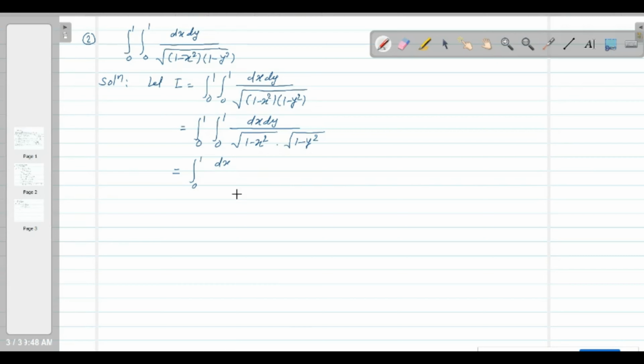Just evaluate this dx and integration of 1 minus x square, then integration of limit 0 to 1 dy and integration of 1 minus y square. Let us evaluate both of them, and the work is done in one go.